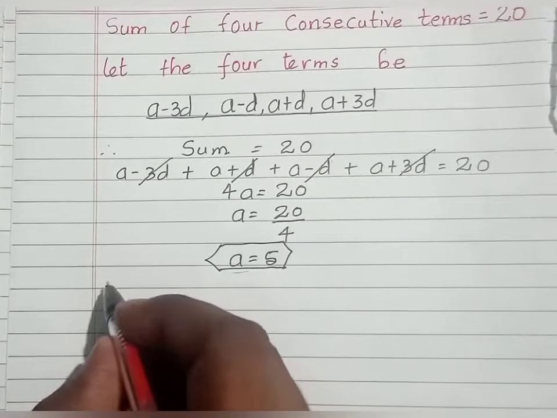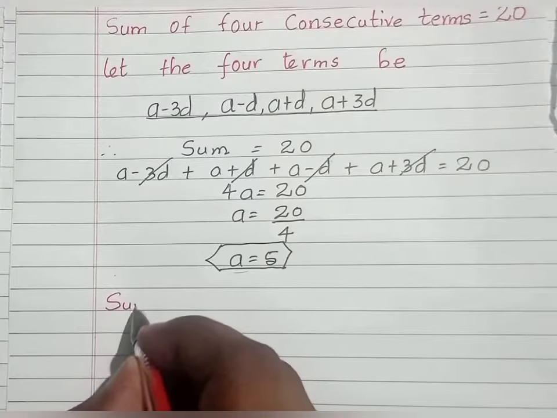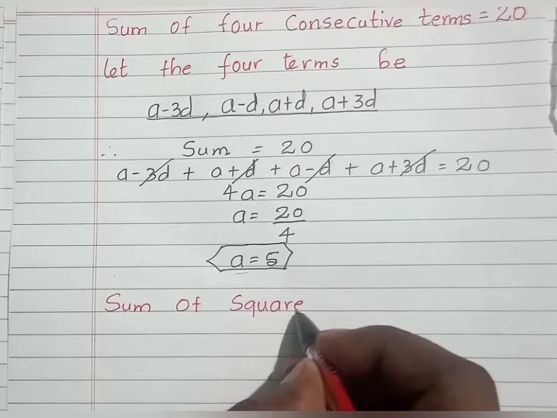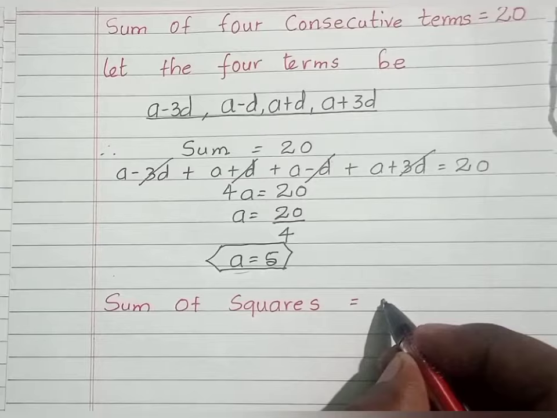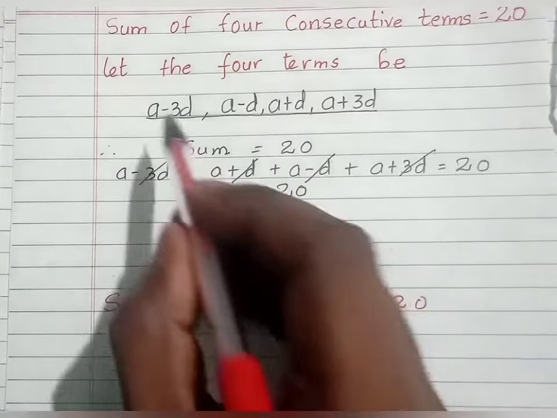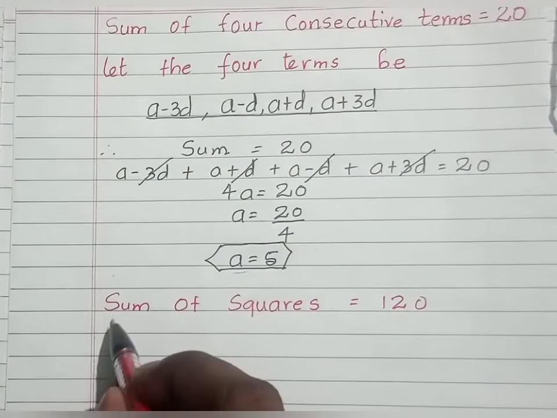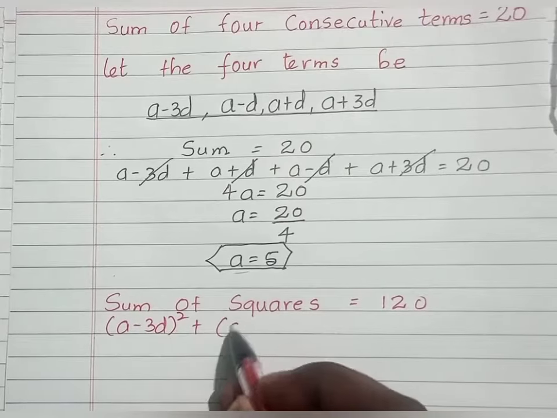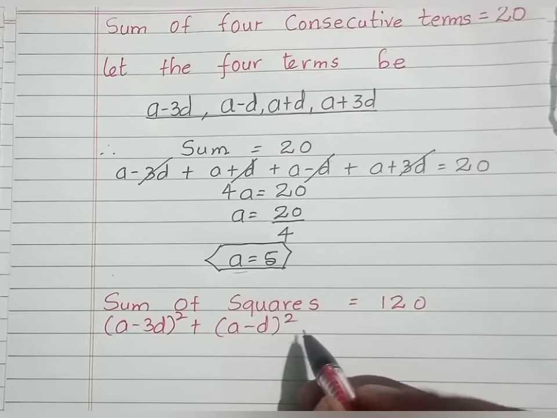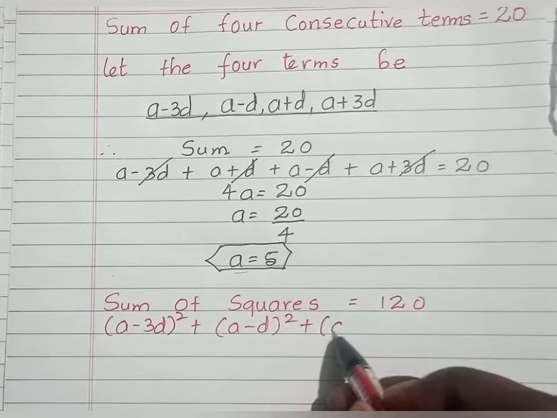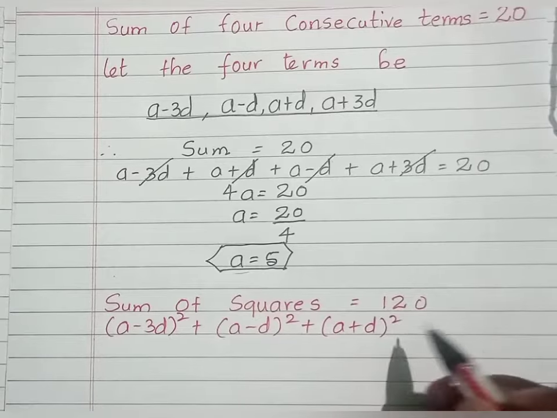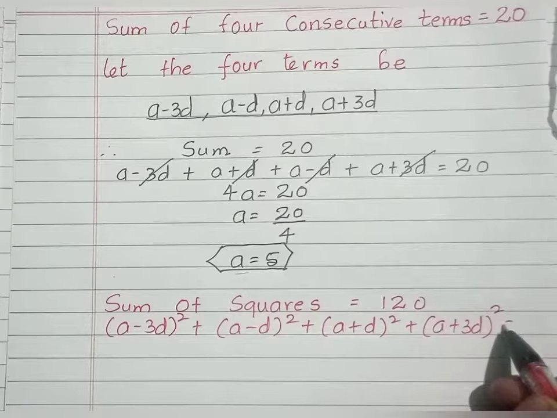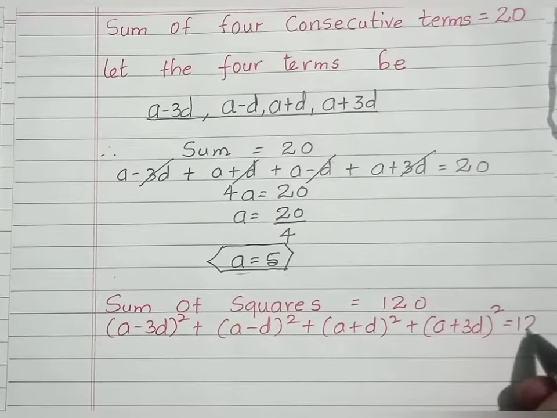Now the second condition: the sum of the squares of each term is 120. So sum of squares equals 120. Now square each term, then add: a minus 3d whole square plus a minus d whole square plus a plus d whole square plus a plus 3d whole square equals 120.